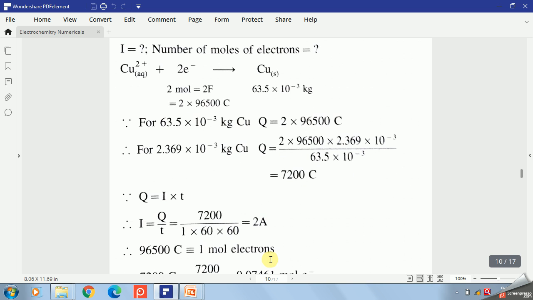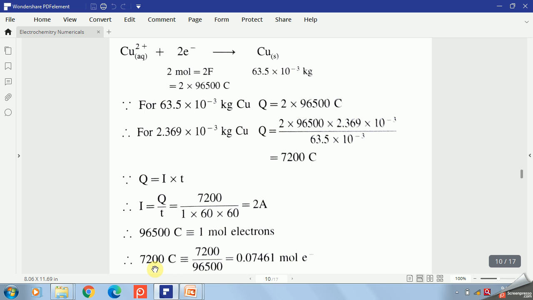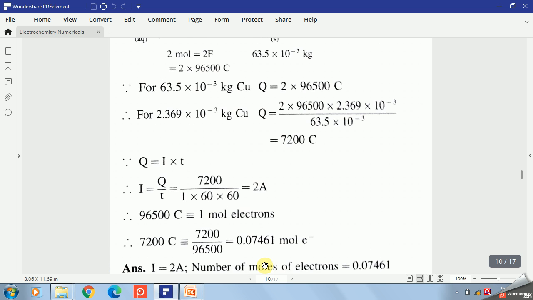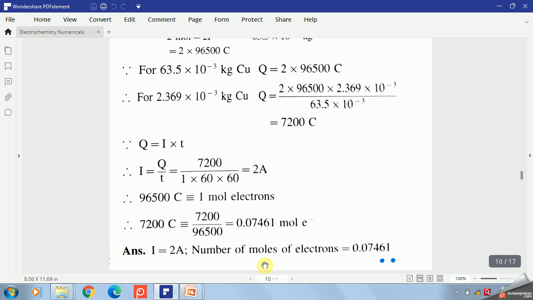So your answer is 2 ampere. 96,500 Coulomb corresponds to 1 mole of electron. 7200 Coulomb corresponds to how many mole of electron? 7200 divided by 96,500. So your answer is 0.07461 mole of electron. Okay, these are the two answers.